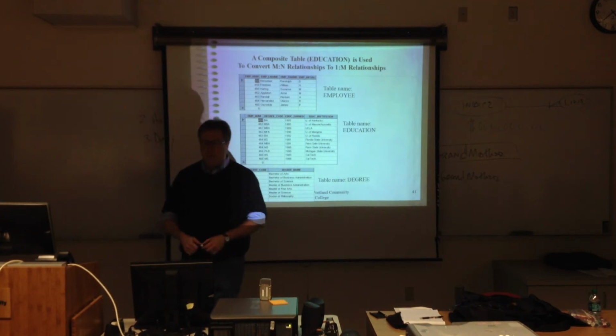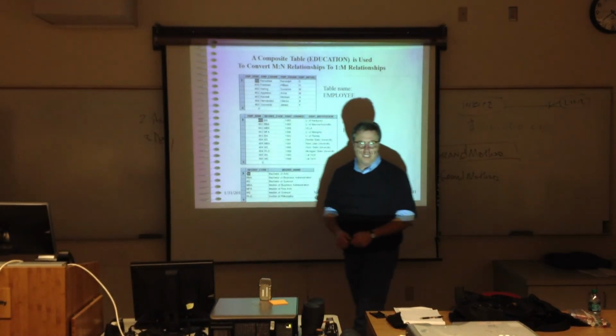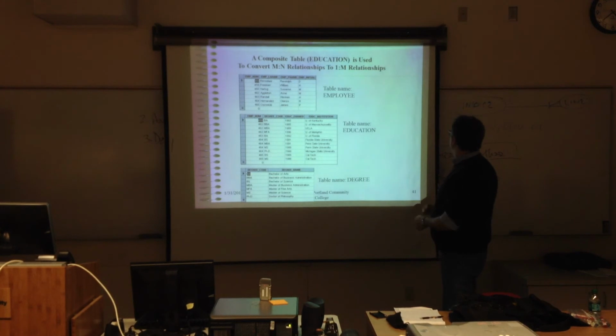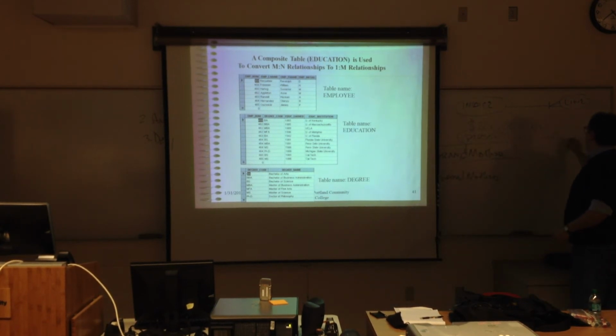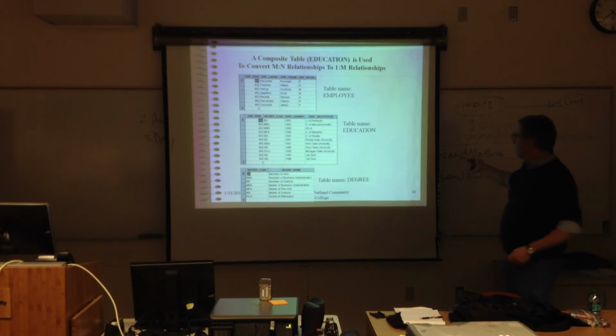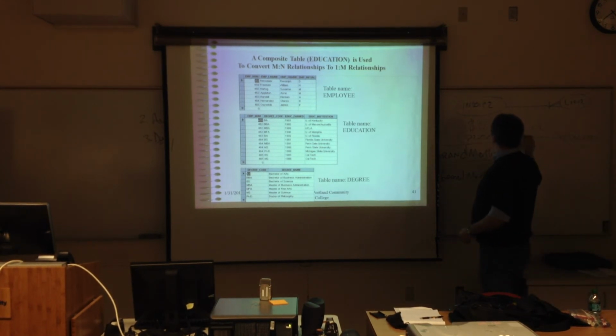So here's the example. We've got a many-to-many relationship between people and degrees. A person has 0 or many degrees. And lots of people have master's degrees.